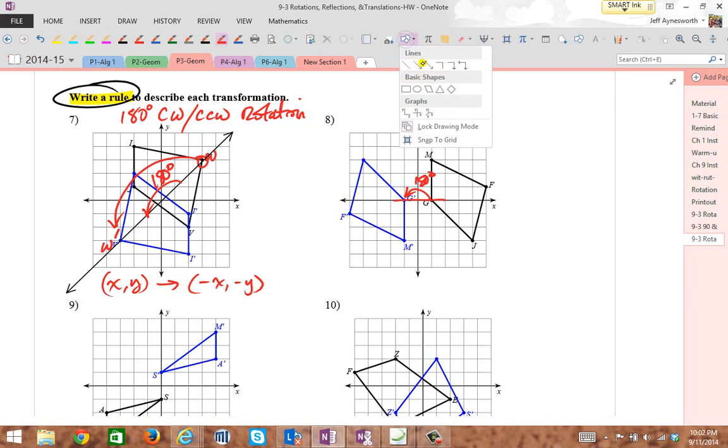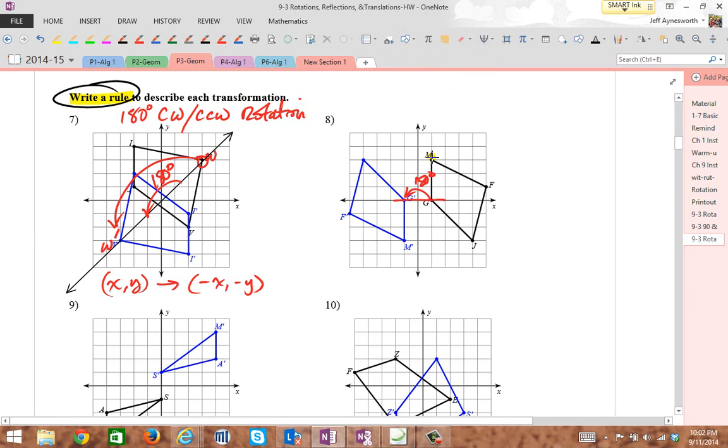Even with the other one, point M to M prime, it goes right through the origin. I can already see to get from M to M prime, it's a 180-degree rotation. Counterclockwise or clockwise, it really doesn't matter because you're going to get to the same point.